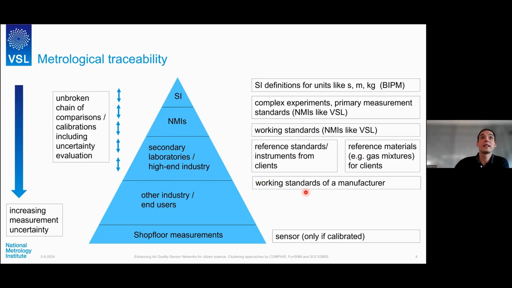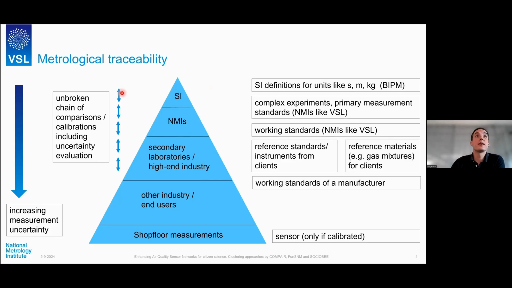Then it gets to manufacturers and industry, and they use it again with their instruments, and then they can calibrate a sensor if they do, because cheap sensors are typically not calibrated. There's just some claimed accuracy based on production control and statistical assessment.